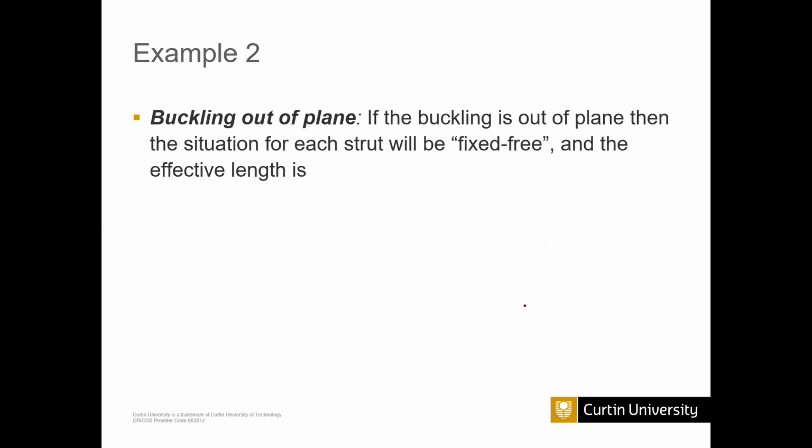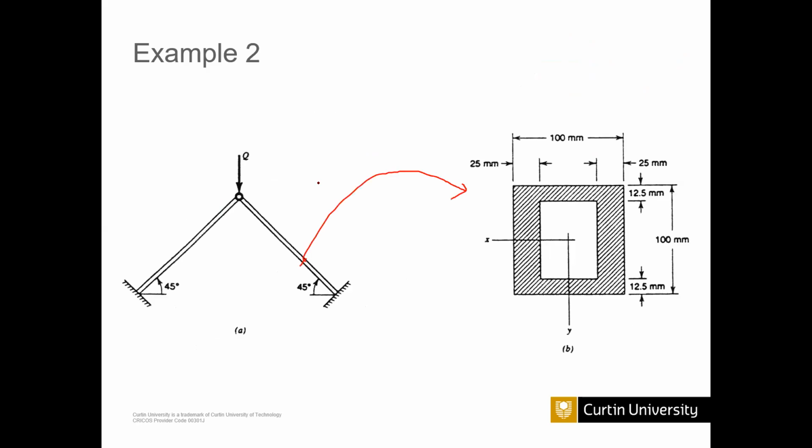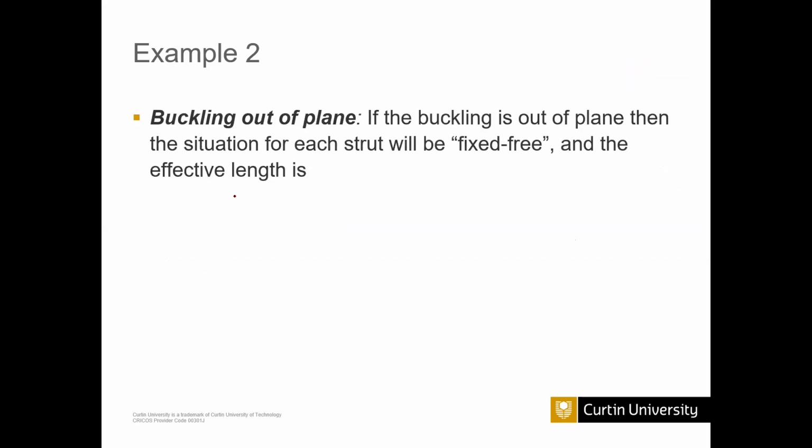Then buckling out of plane. If the buckling is out of plane, the situation is fixed-free and the effective length needs to be determined. Here, out of plane means it bends towards the Z axis, out of plane. So then it is a kind of free end.